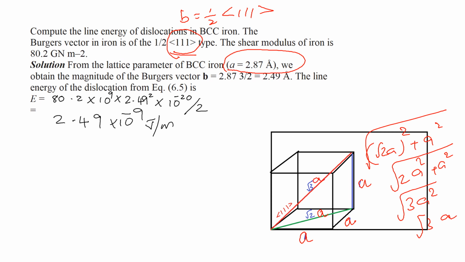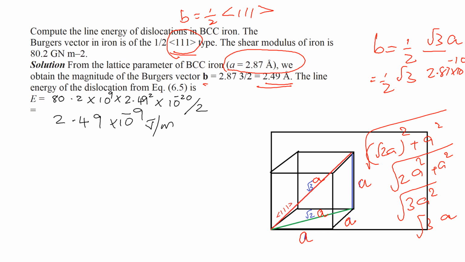That is why here the Burgers vector is half of root 3 a. So half of root 3 times, what's the a value? 2.87 times 10 to the power minus 10. That is why 2.49 angstrom, 2.49 times 10 to the power minus 10.